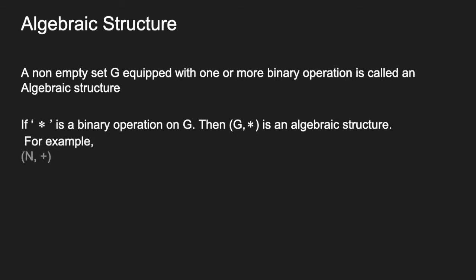For example, (N, +), that means the set of natural numbers and the operator addition, which is a binary operation, and the whole combined (N, +) is called an algebraic structure. Same way (N, ×) with multiplication, (I, +), that is the set of integers with addition, and (R, ×) with multiplication. These are examples of algebraic structures.